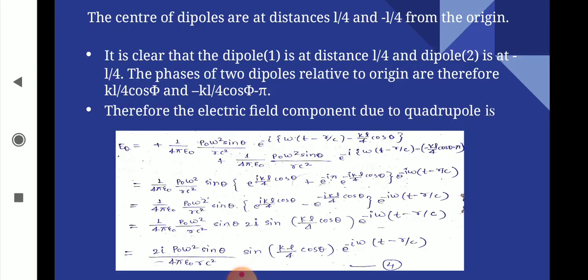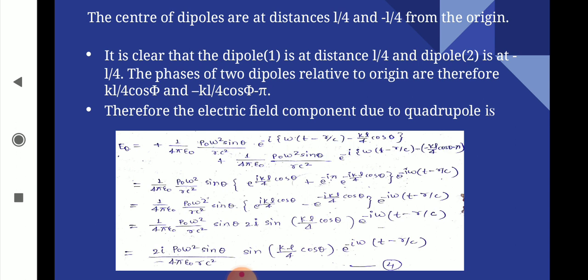The center of dipoles are at distances L by 4 and minus L by 4 from the origin. It is clear that the dipole 1 is at a distance L by 4 and dipole 2 is at distance minus L by 4.